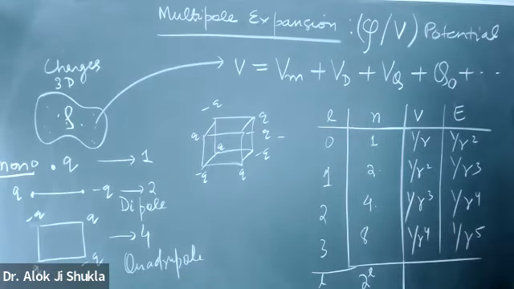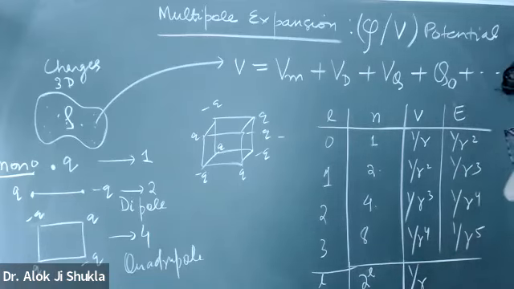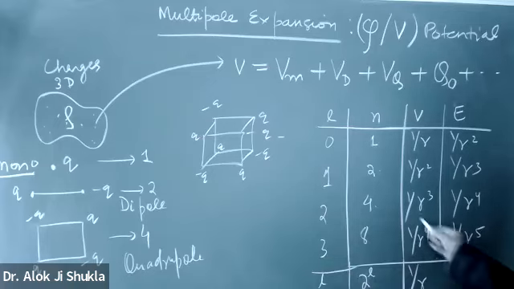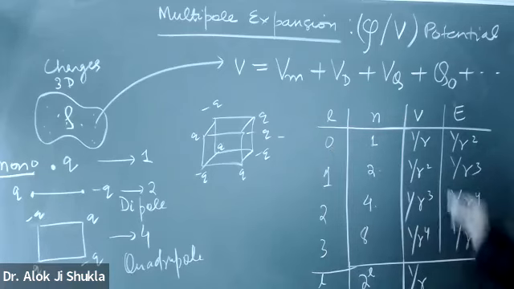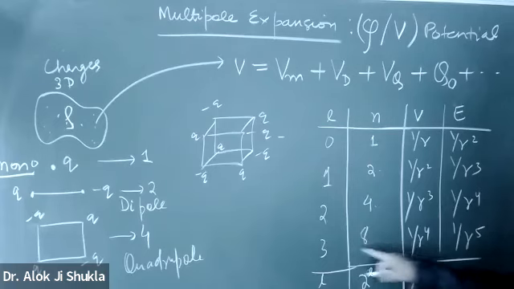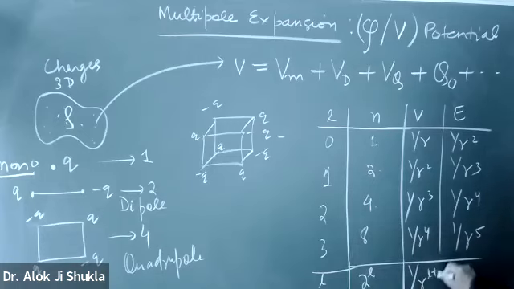And here you will get 1 upon r to the power, with L minus 1, L plus 1, L plus 2 in the exponents. So it is like this.